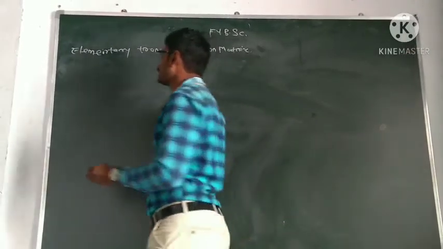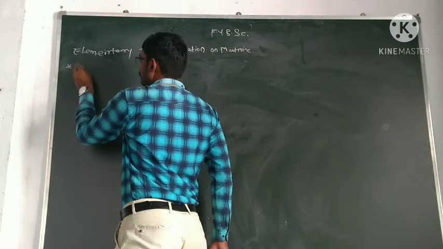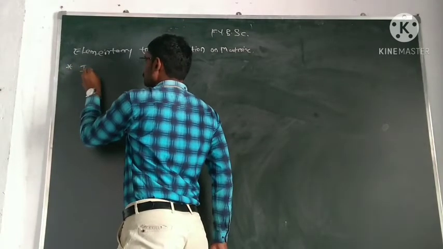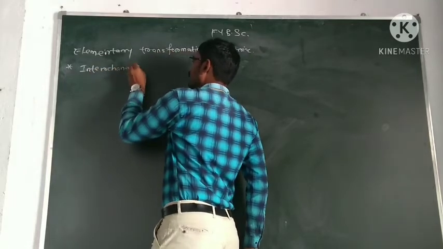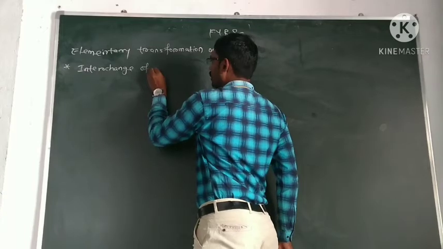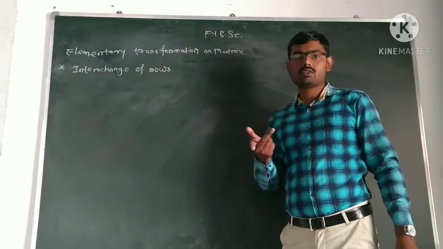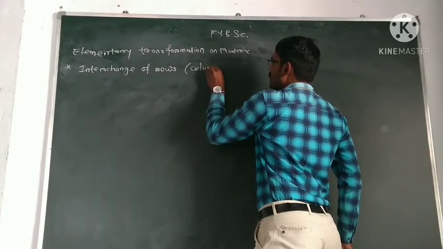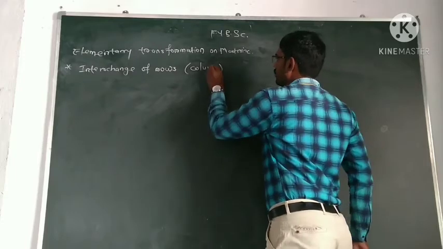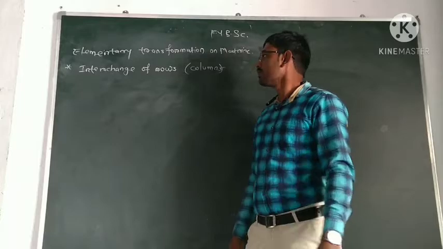The first type is nothing but interchange of rows, interchanging the first row with the second row, or similarly interchanging of columns. Interchanging of rows or interchanging of columns.